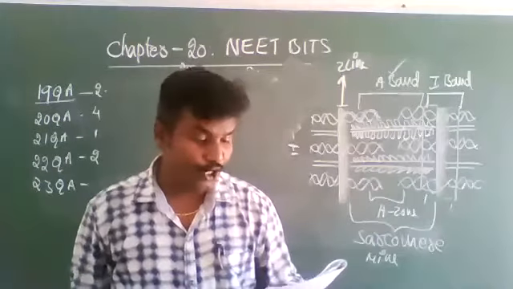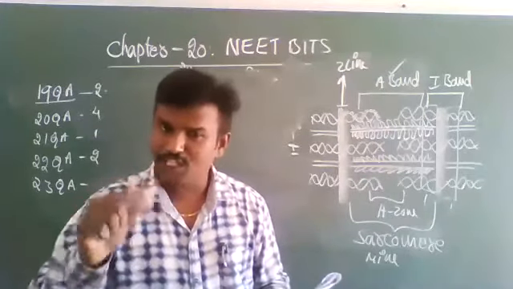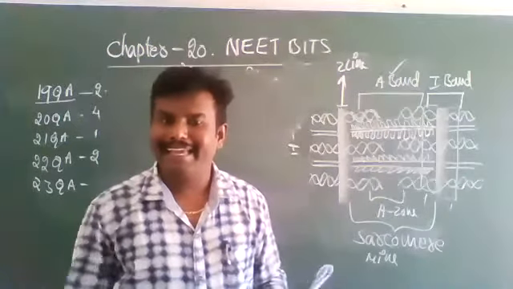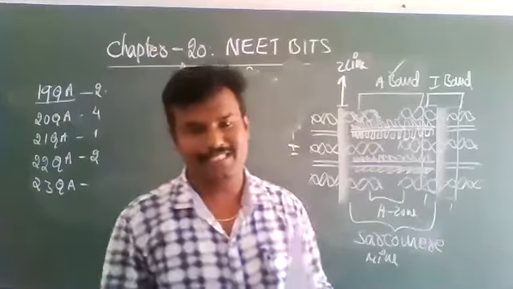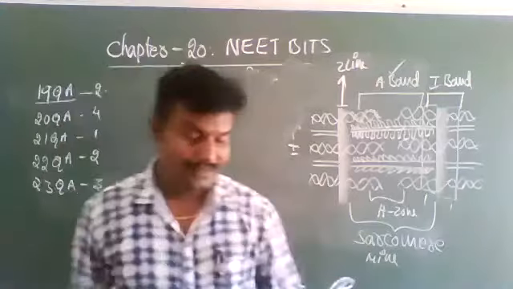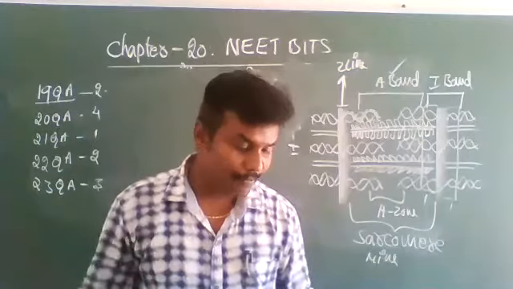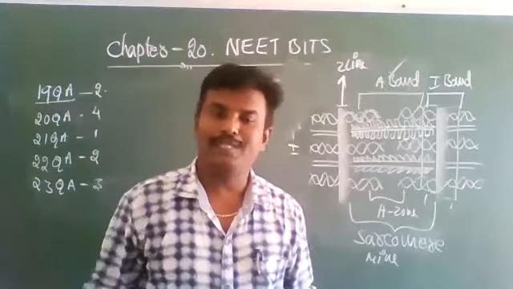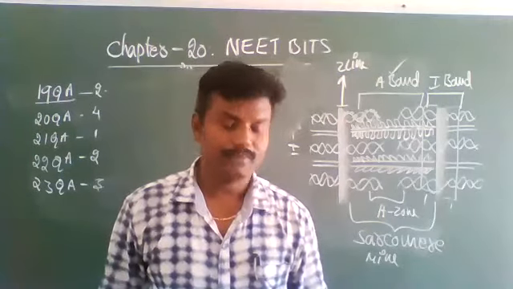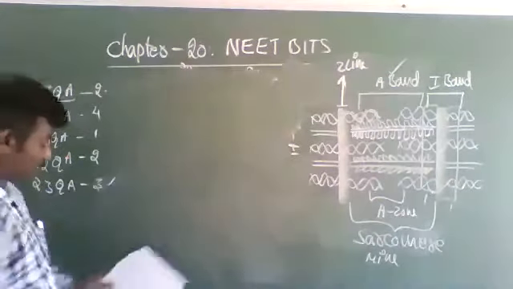Third option, heavy meromyosin: head and short arm. These 2 are made up of heavy meromyosin, and only the tail is made up of light meromyosin. So the third option is correct. What about the fourth? Light meromyosin is not present in the head; the head is made up of heavy meromyosin. Due to that mismatch, the correct option is the third. Remaining options are wrong.